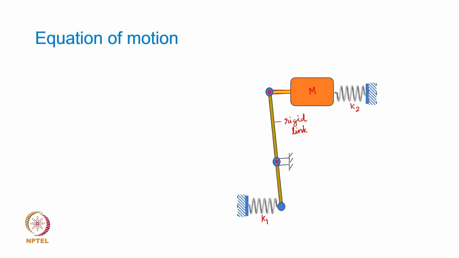Let this length be A and this length be B, and the mass moment of inertia of this rigid link is given by I. Okay. We would like to model this and get the governing equation of motion for such a system.